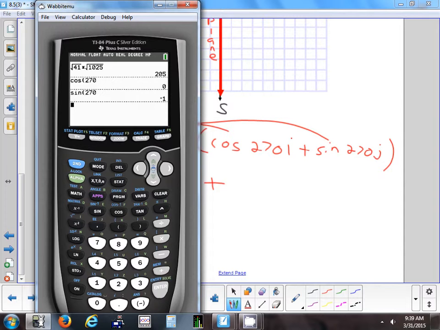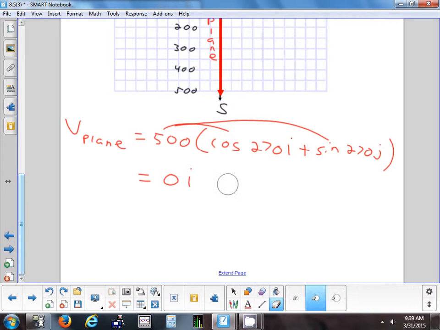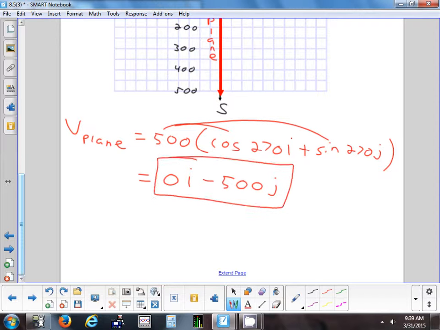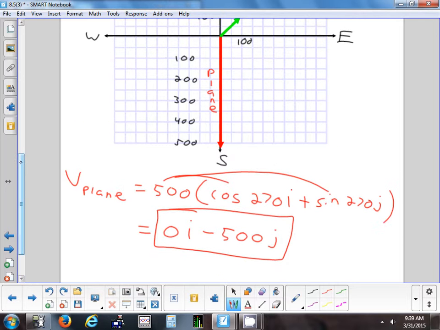So that's minus 500j. Okay, the minus just means that the vertical component is down, not up. There's your velocity vector for the plane. If you don't want to write 0i, you don't need it, but just so people can see each component, I wrote them both. Any question on that?